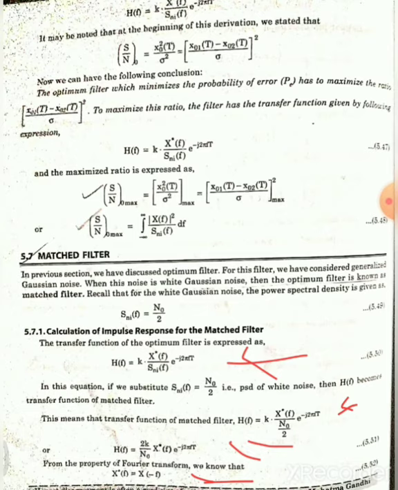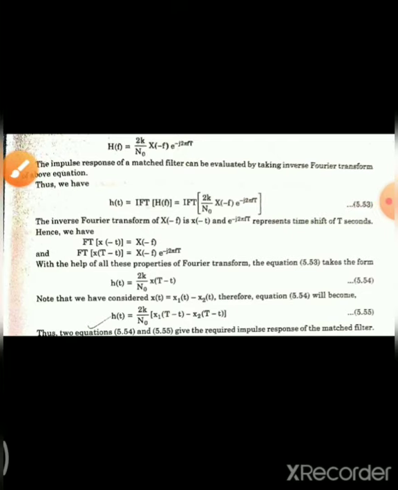We will be substituting here X conjugate f by X(minus f). So here we got the equation finally: H(f) equals, in place of X conjugate f we have kept the value of X(minus f).